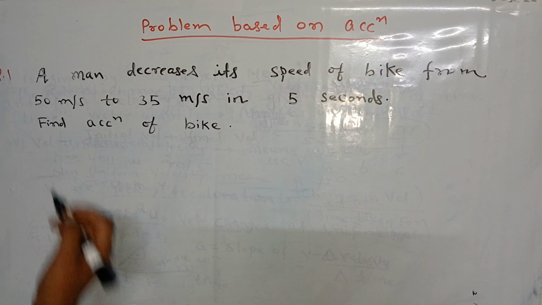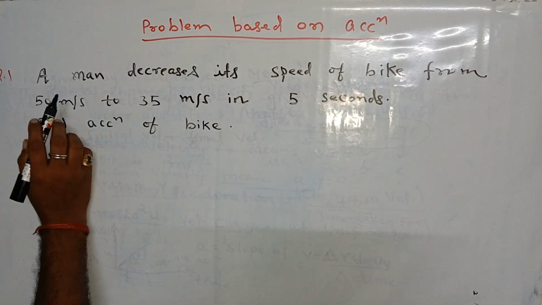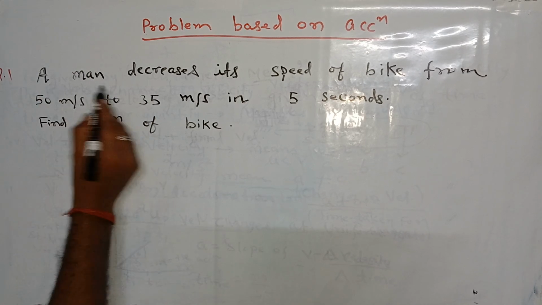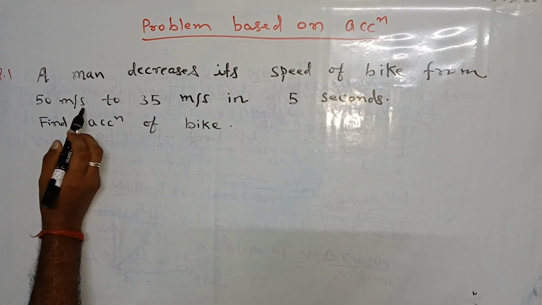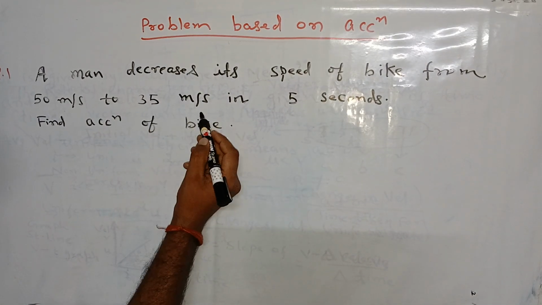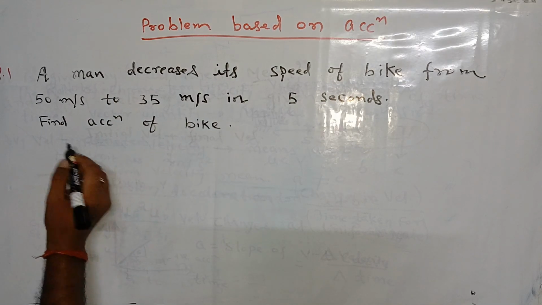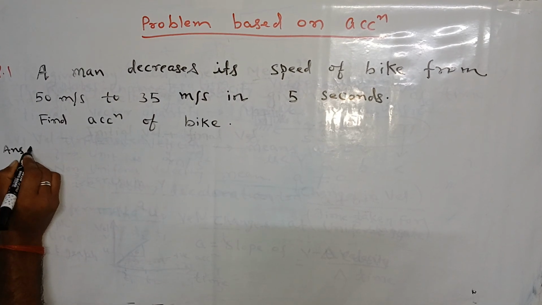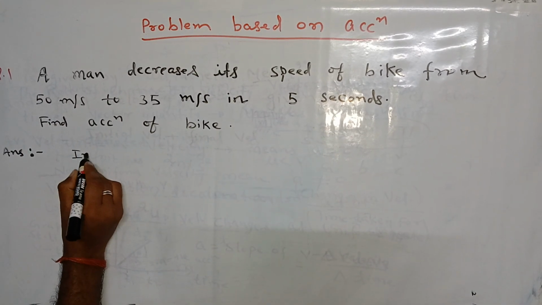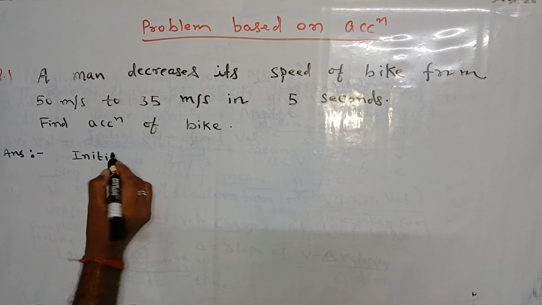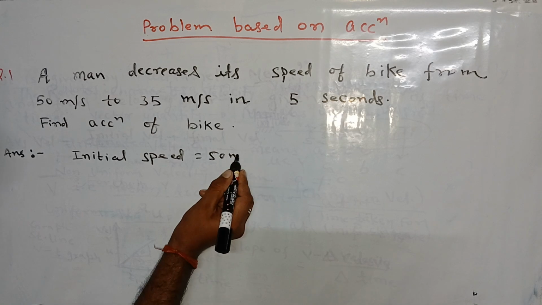Now we will discuss a question which is based on acceleration. The question says that a man decreases the speed of his bike from 50 meter per second to 35 meter per second in 5 seconds. Find the acceleration of the bike. Here the initial speed is 50 meter per second.